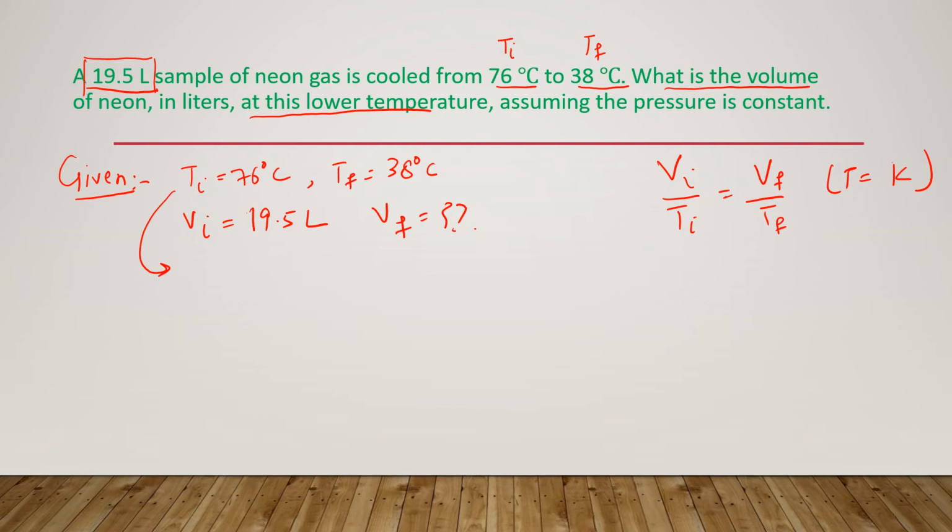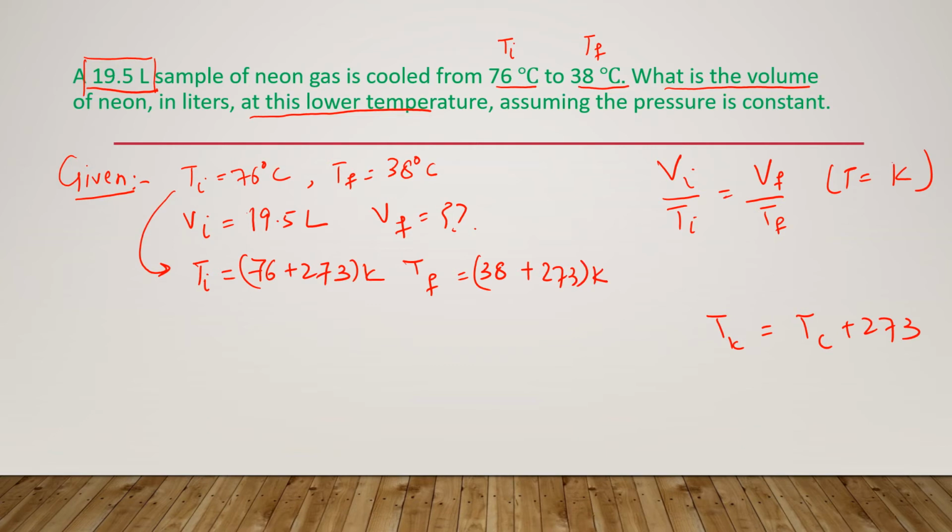We know that T Kelvin equals T Celsius plus 273. So T initial in Kelvin would be 76 plus 273 and T final in Kelvin will be 38 plus 273.